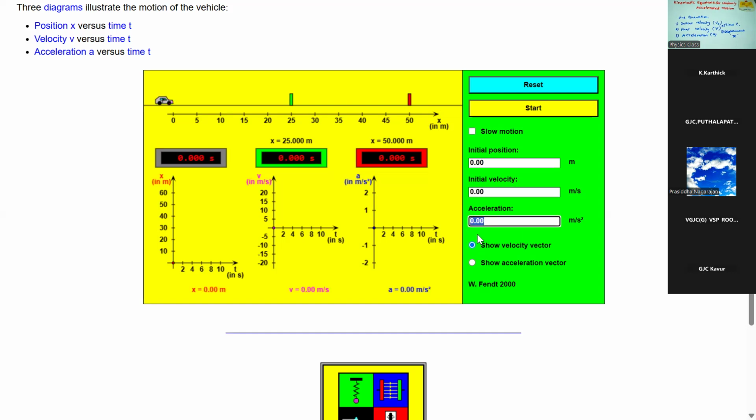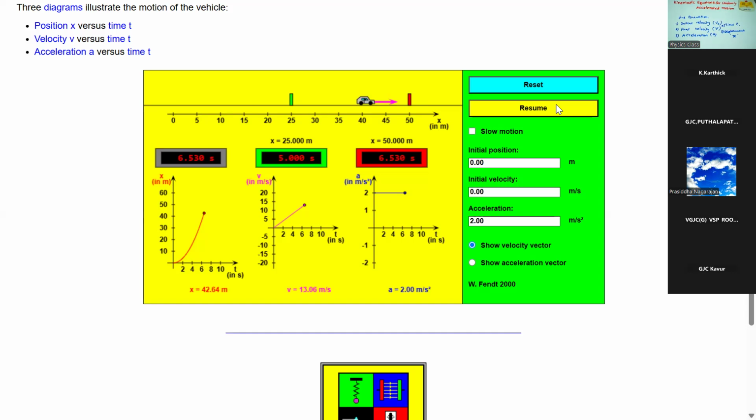Now just look at that first graph only. What did you notice? In the acceleration box, you have put 2 or 3, some value. So acceleration means change in velocity. Change in velocity means the object's speed or velocity changes over time.